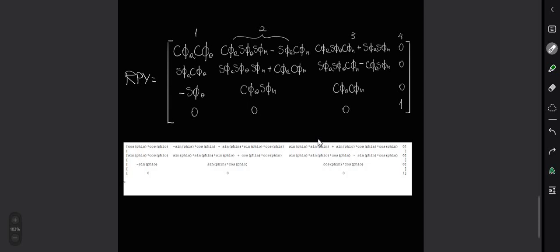It is very intuitive. We can multiply by another matrix representing the initial position and orientation of a robot, independent of the number of degrees of freedom.